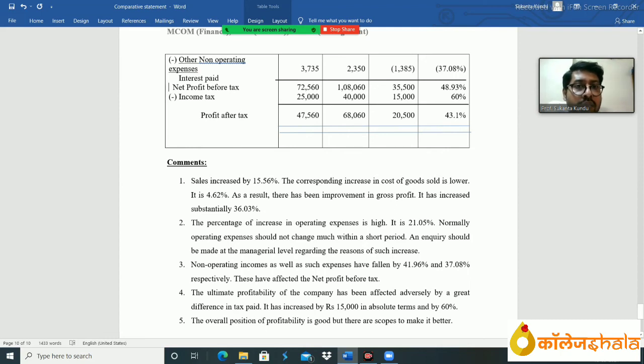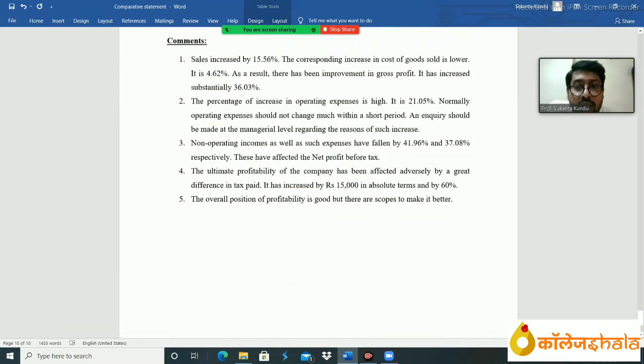So 15,000 more. The absolute change is 15,000 and the percentage change is 60%. So we can say that the tax has increased, and it adversely affected the profitability of the company and the overall position.